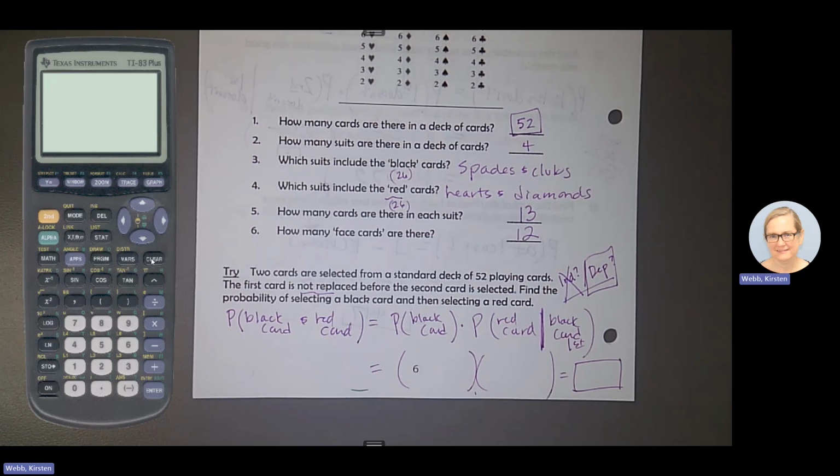Three decimal places would be a good rounding rule again. There's our plan. Now we just need to find the right numbers.